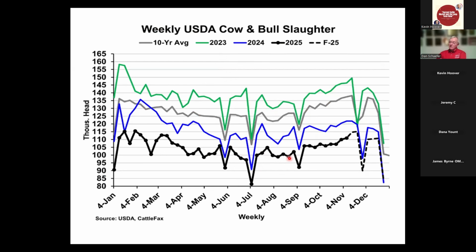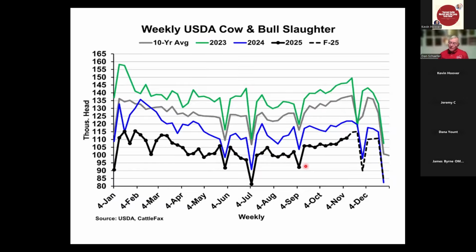This has put significant strain on the packing sector of the industry. And as some of you probably know, these declines in cattle available to harvest have resulted recently in news that Tyson is closing one of its large cattle plants in Lexington, Nebraska, and reducing from 2 shifts to one at its plant in Amarillo, Texas.